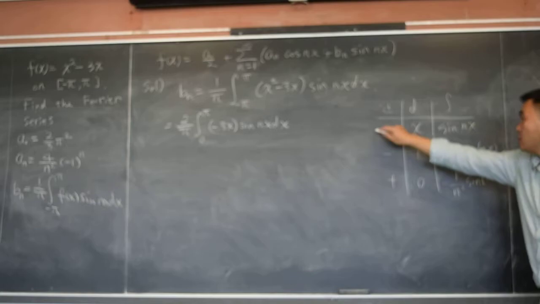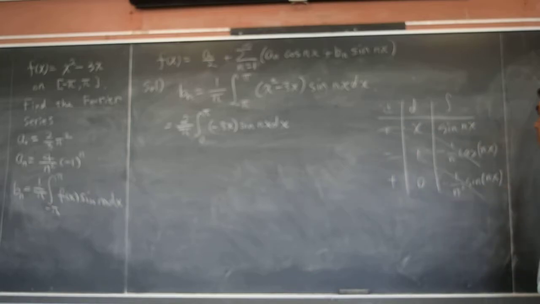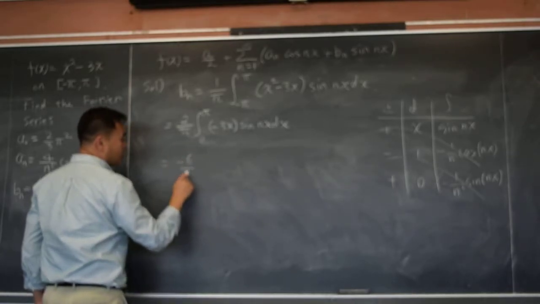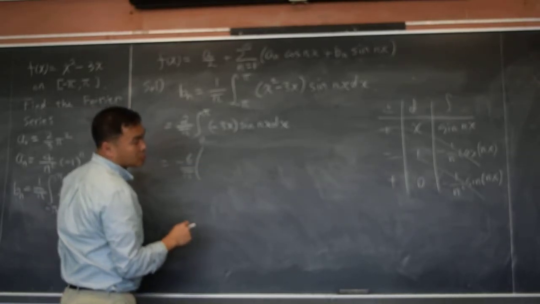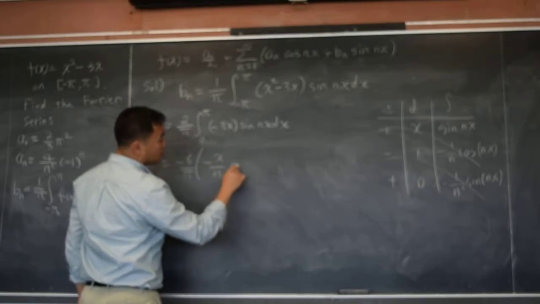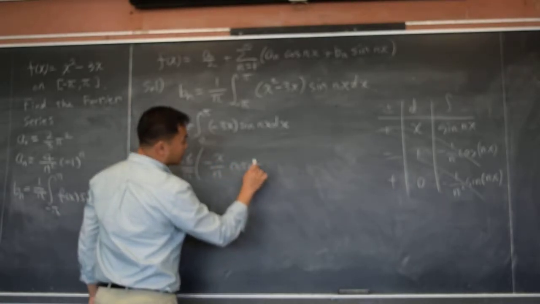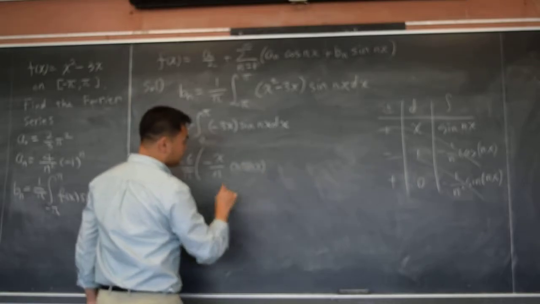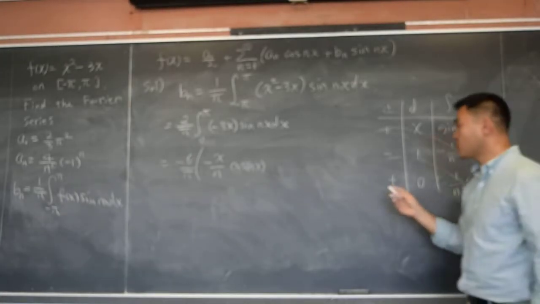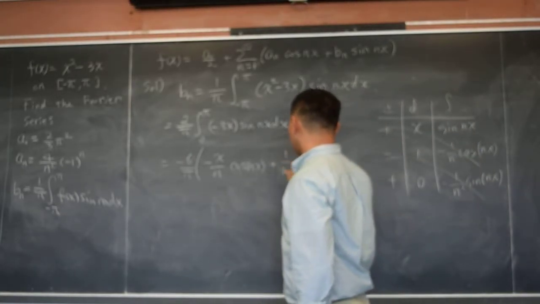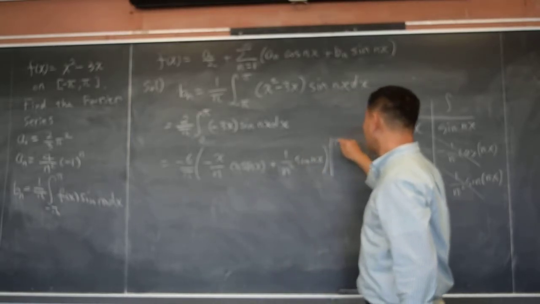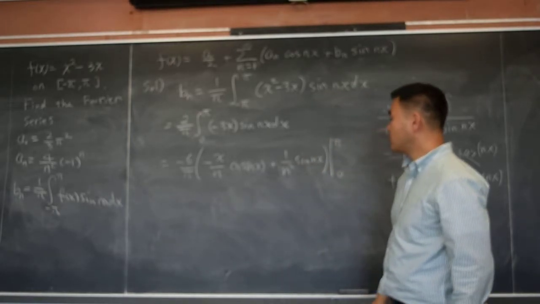Okay, and then multiplying it this way, first I pull the negative 6 over pi out. Multiplying it, you get negative x over n cosine nx, and then negative times negative is positive, so it's plus 1 over n squared sine nx, plugging in pi and 0.